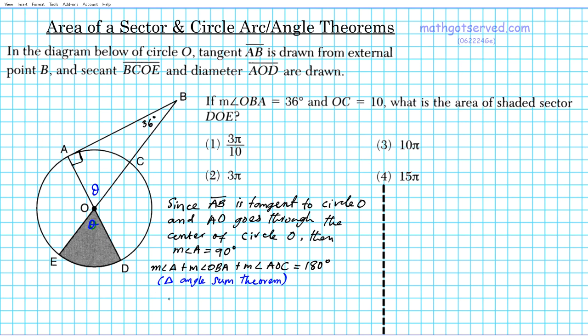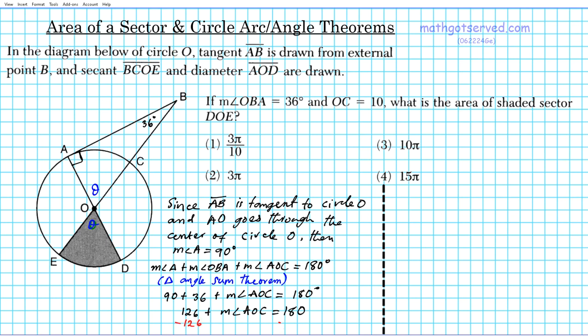Let's go ahead and substitute. Measure of angle A is 90 degrees plus OBA is 36 plus measure of angle AOC is 180 degrees. This is an algebraic equation. We can just solve this. 90 plus 36 is 126 plus measure of angle AOC is 180. So we subtract 126 from both sides of the equation.